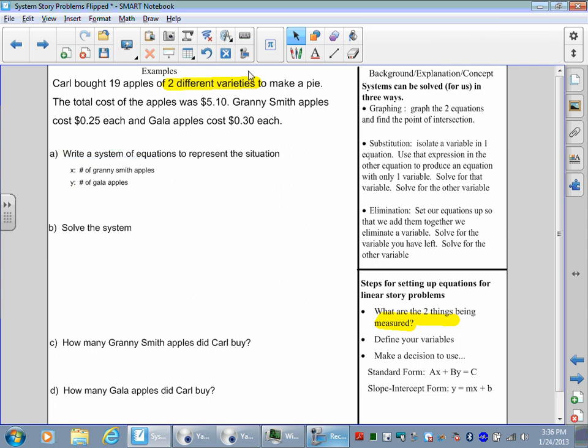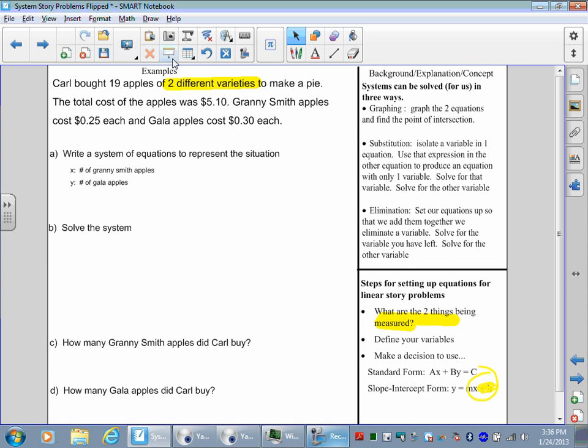Now that gives me a little ability to look at the information and try and pick out 2 equations, 2 relationships between these numbers. And again, like I pointed out last time, I don't really see a b value. I don't really see a starting point in this. So that may be an indication that I need to use ax plus by equals c.